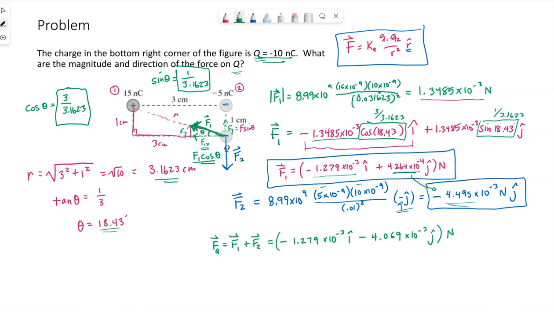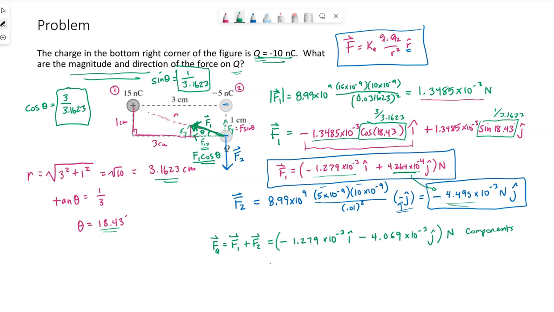Now we're not done. This is the total force on Q in terms of its components. That's not magnitude and direction like we've been asked for in the problem. Magnitude and direction means overall how long is the vector and what direction, what angle would represent the direction it points in.